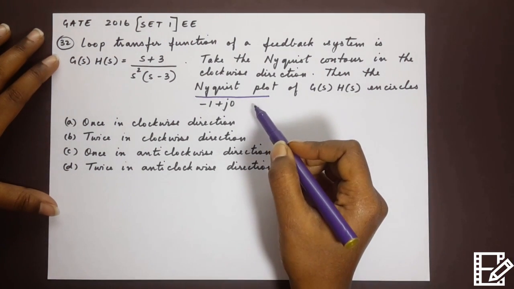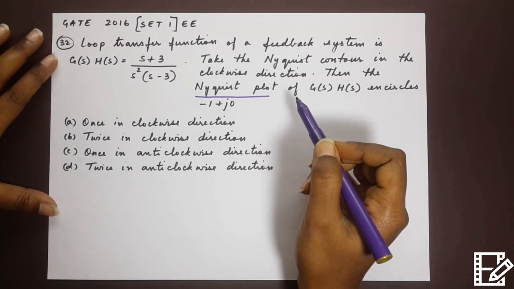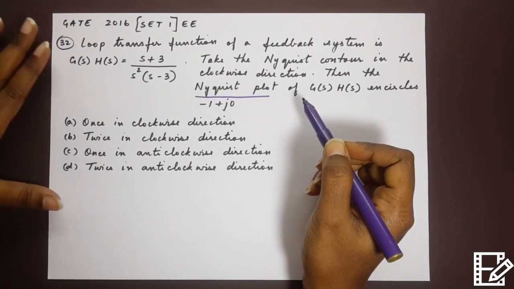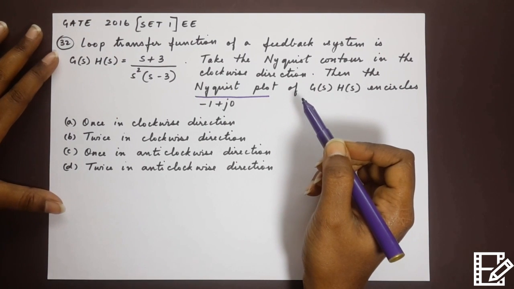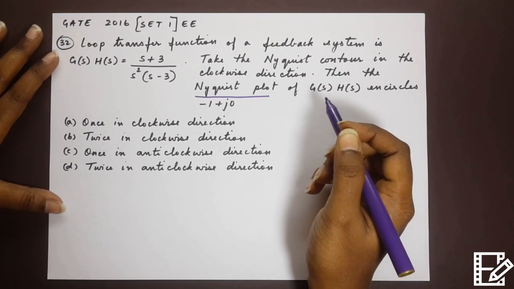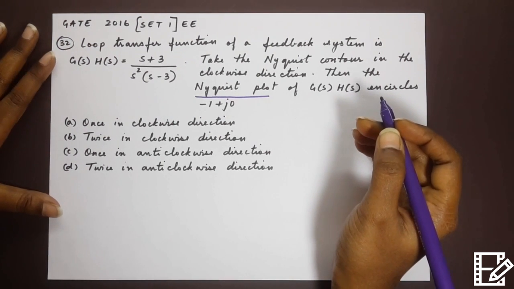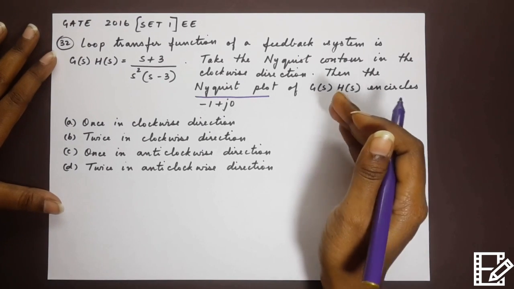The Nyquist plot can be plotted only for the open loop transfer function, while the Bode plot can be used for both open loop as well as closed loop. And to plot a Nyquist plot, we would have to find both magnitude as well as phase.